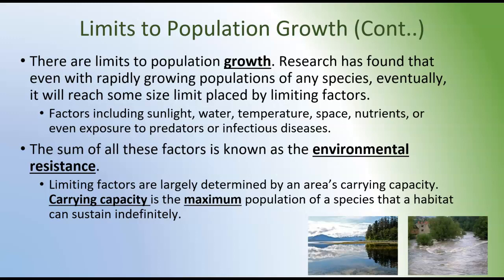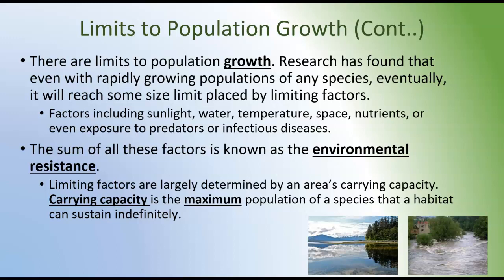The sum of all of those factors is known as environmental resistance. Looking at all of those factors and how well the population is able to tolerate them is known as environmental resistance.